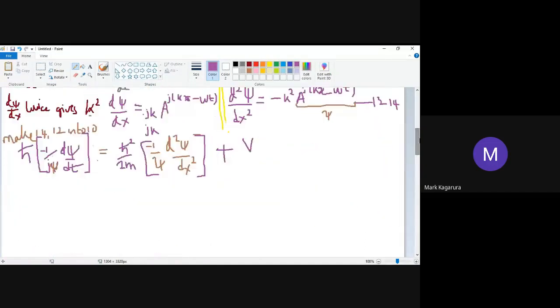Now, v is a function of x, so it's not like a constant. But let's again ignore it for now, but just know it's a function of x. Now, if you watch the distinct Schrodinger equation, we can multiply through by j psi. Do we multiply through by j psi?